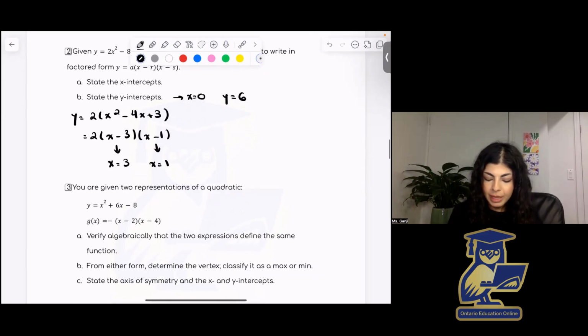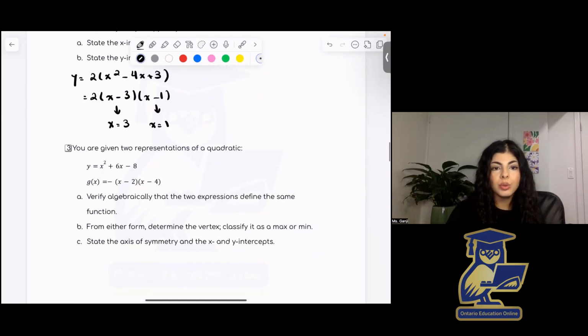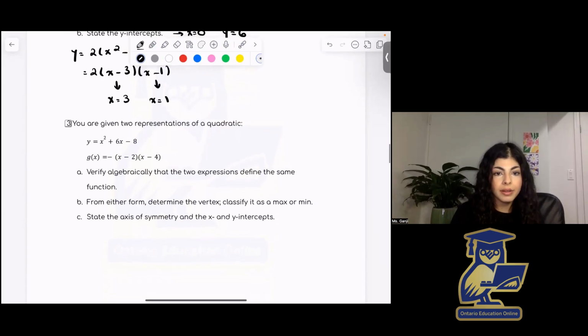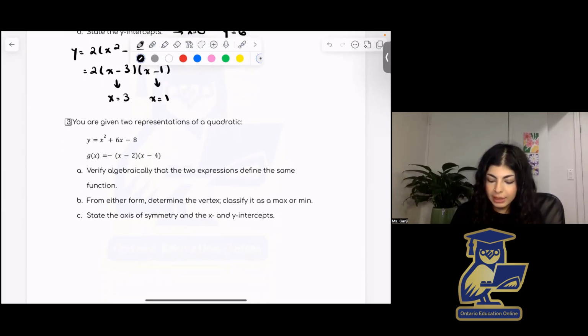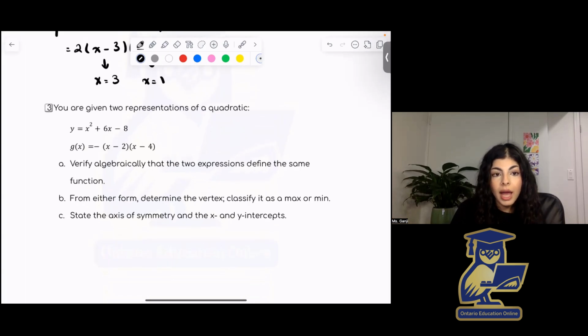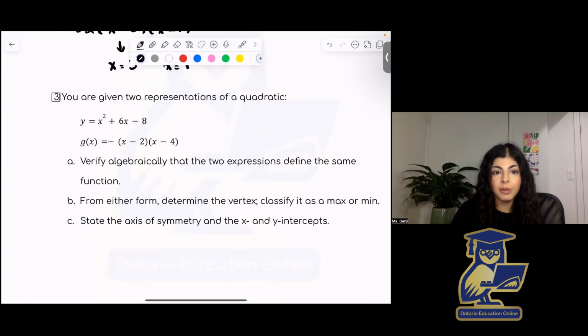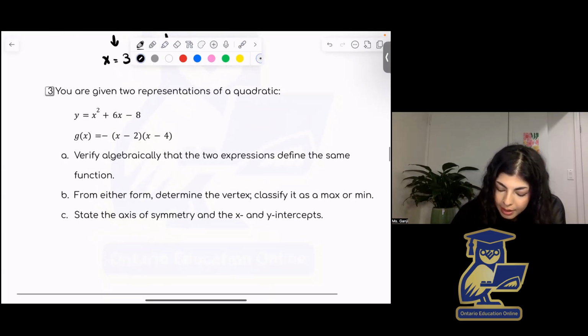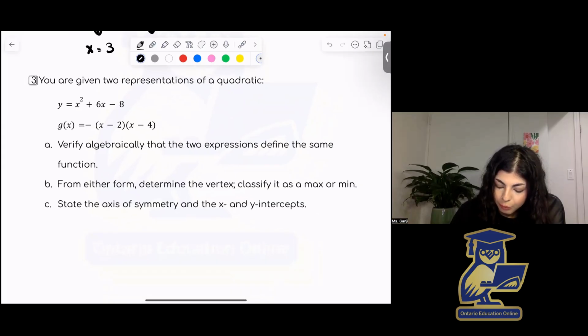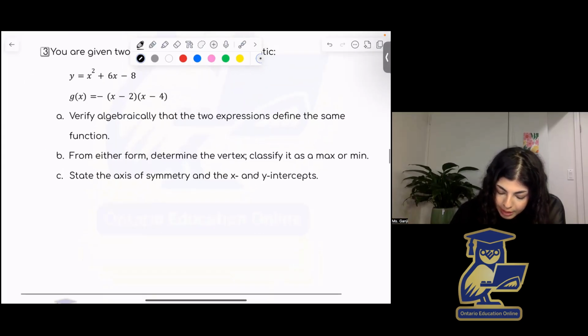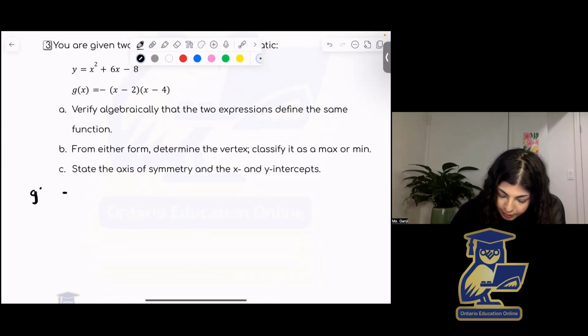Pretty simple. Now we're given two representations of a quadratic, and we're asked to algebraically verify that these two are the same. So you can either try decomposition for the standard form and get the factored form, or the simpler way would be to expand that factored form and see if you get the standard form.